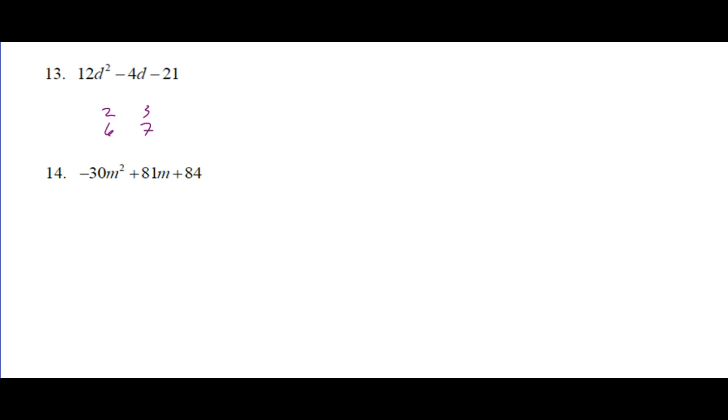I can get a 4 out of that. So I know that the 6 and the 2 are the leaders. I know the 6 has to go with the 3, and I know that the 7 has to go there. Okay, so what am I going to get? It's a D. 12D squared. Yep. 18 and 14. So I need minus 18 plus 14. Done.